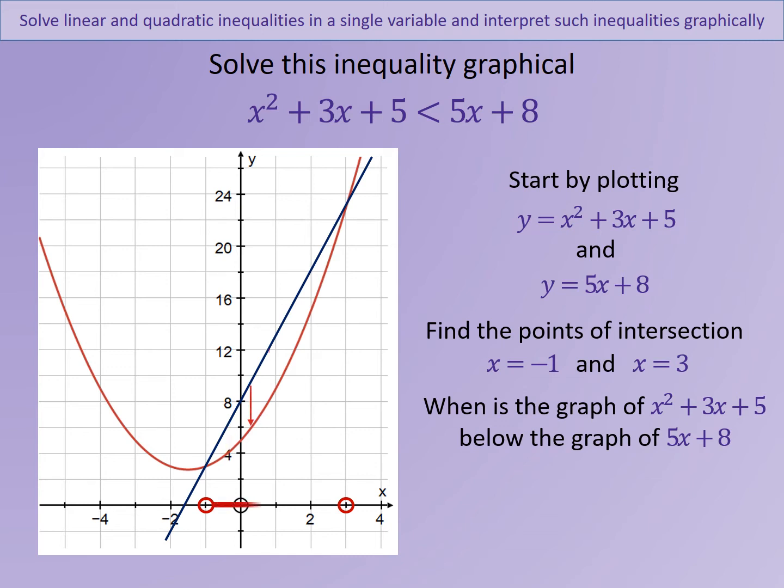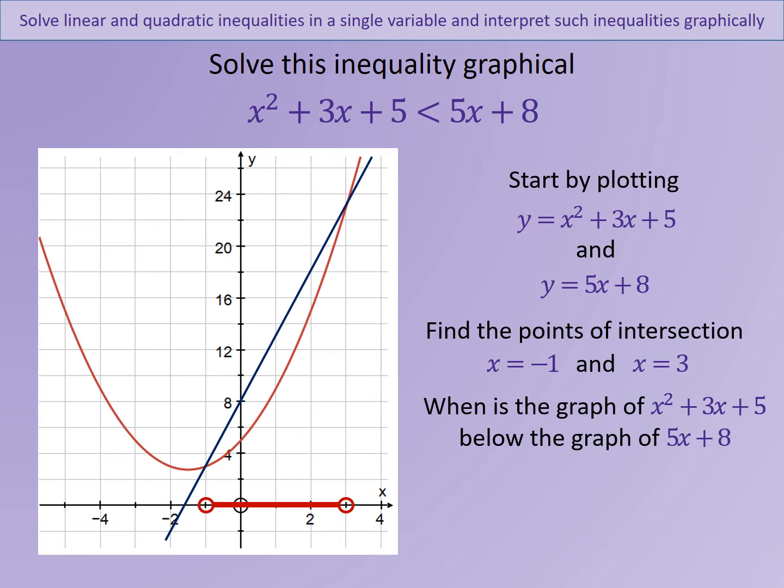And again, these arrows are indicating where that is. And it just so happens that it's all the points of x between the two intersection points. But it's not including the points of intersection because of the strictly less than inequality.